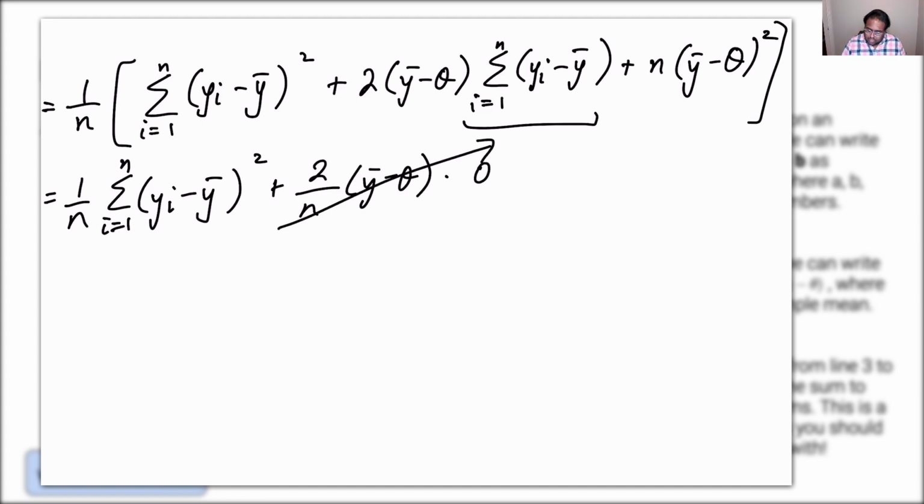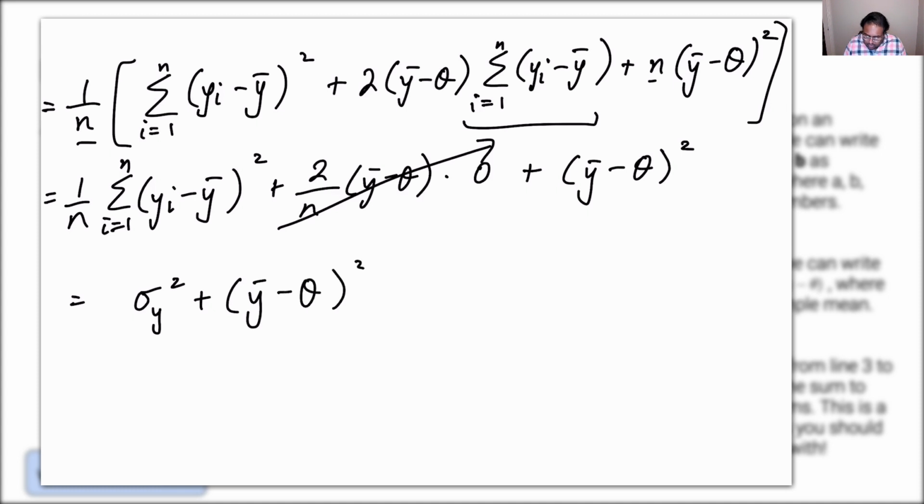It's equal to 0. Now, plus (y bar minus theta) squared, because the 1 over n and the n cancel out. And so I'm left with the variance of y, sigma y squared, plus (y bar minus theta) squared. And again, this is equal to my average loss for the given choice of theta.